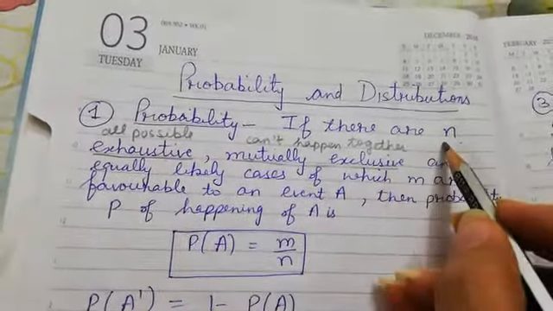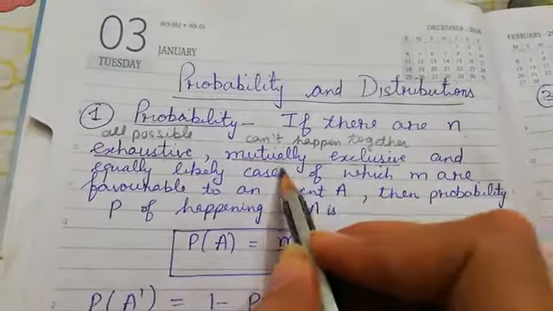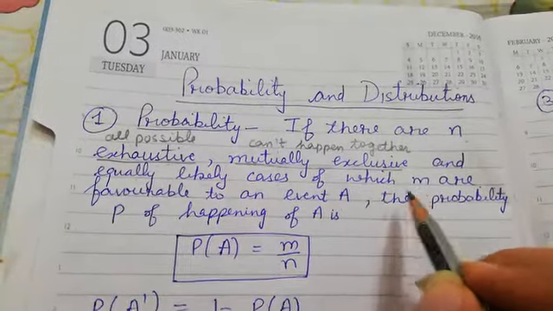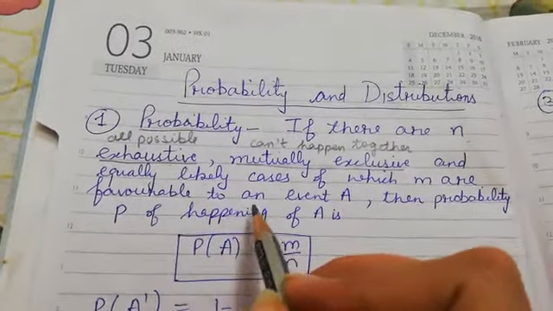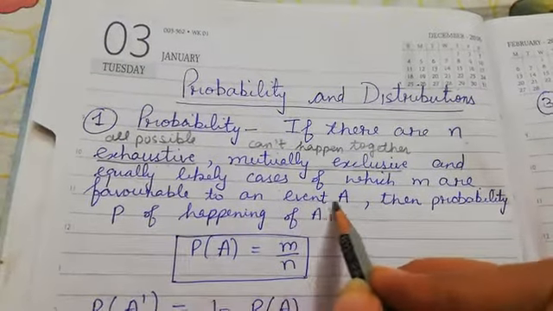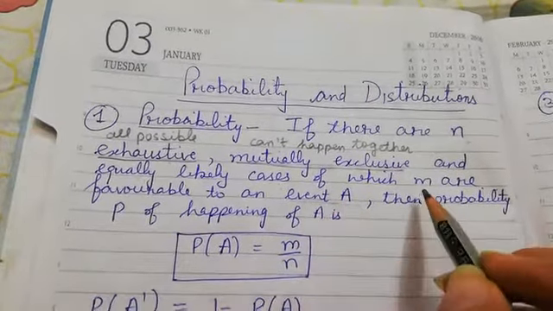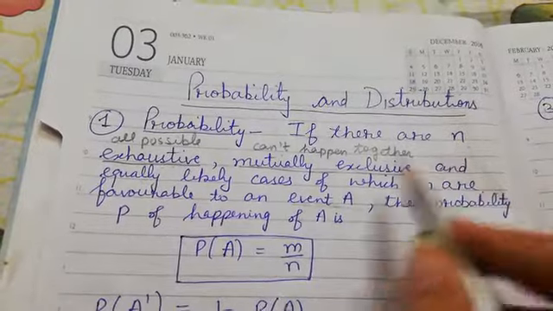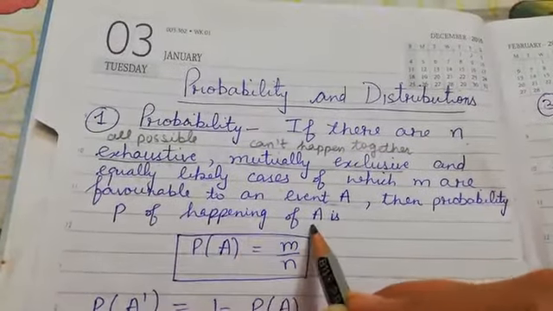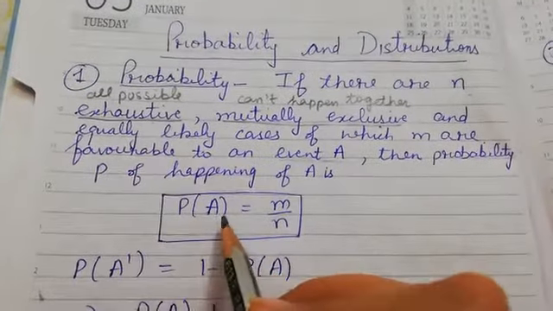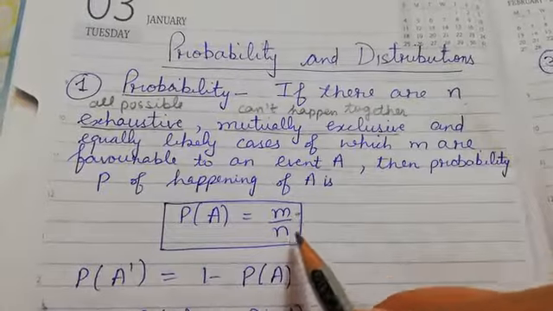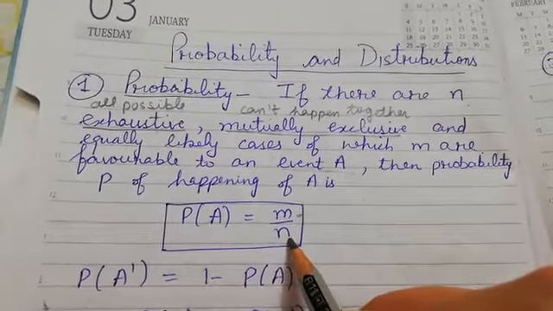Now if there are n exhaustive, mutually exclusive and equally likely cases of which m are favorable to an event A, and we need to find the probability of this event A, then the probability of A is equal to the number of favorable cases divided by the total cases, right?